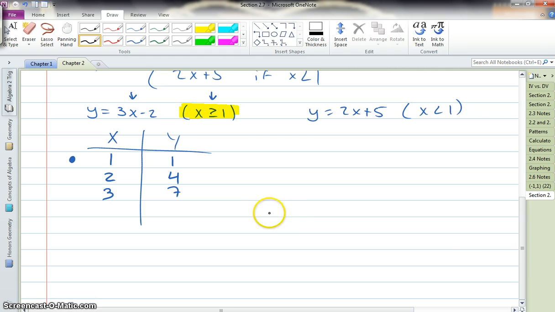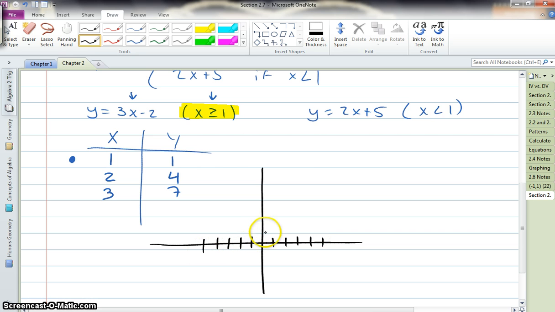I have 1, 2, 3, 4, 5. I'm just going to go 5 in that direction. We got to go at least 7 up. Quick sketch there, and let's plot these 3 points.